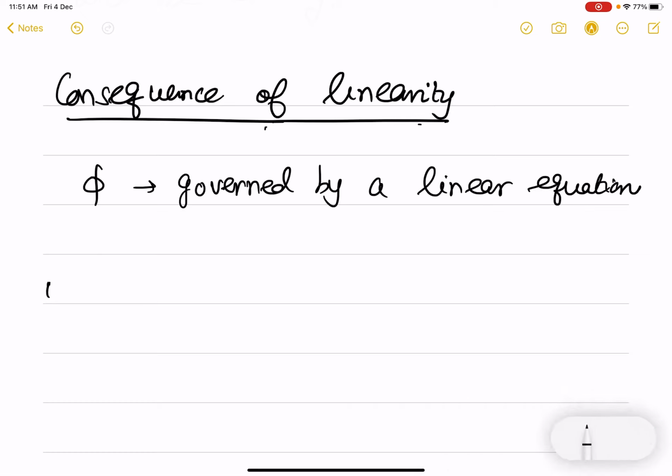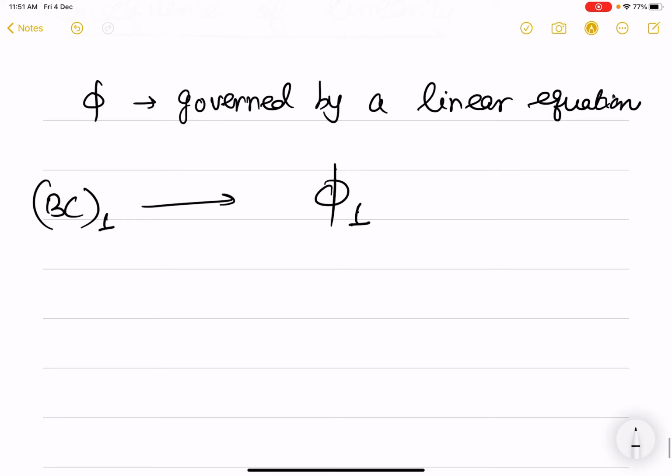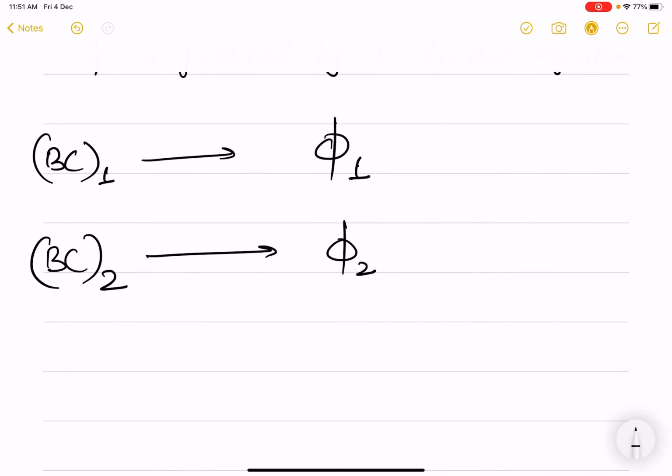So if we have boundary condition 1, and these boundary conditions lead to the solution phi 1, and if there is another boundary condition 2, and these lead to the solution phi 2. So that means with boundary condition 1, we get solution phi 1.